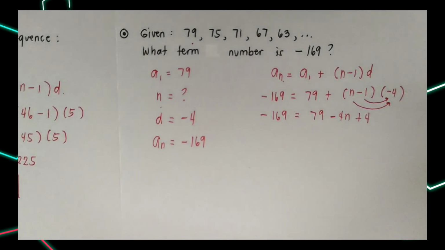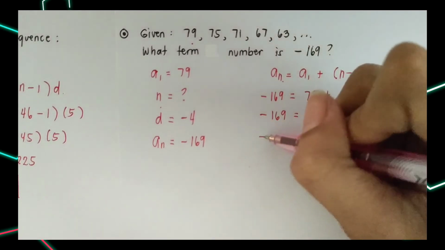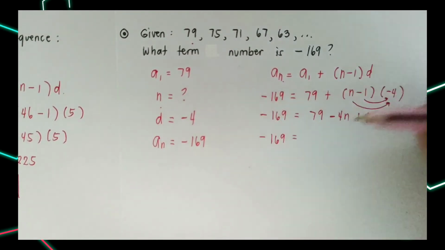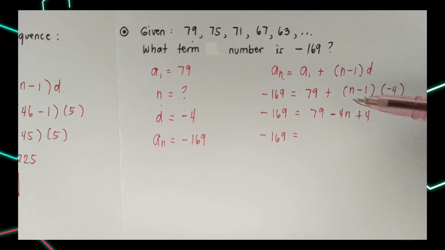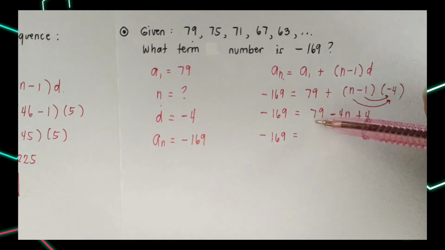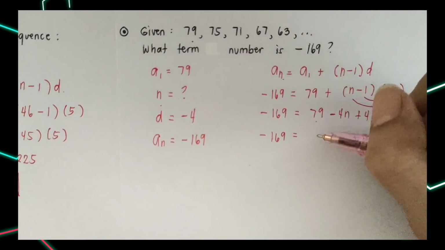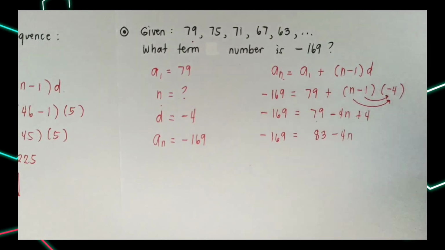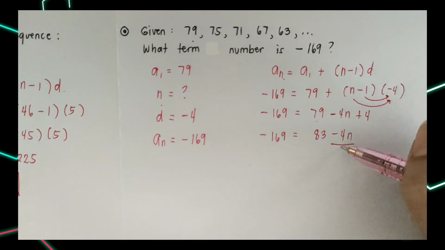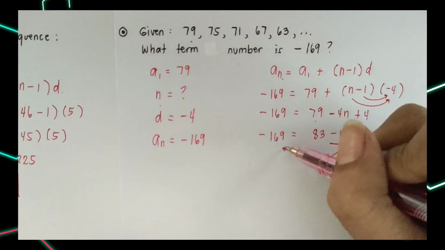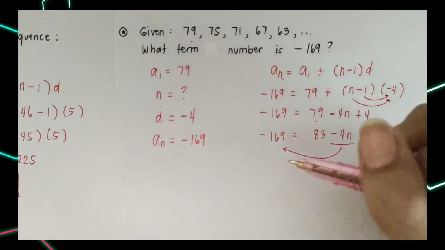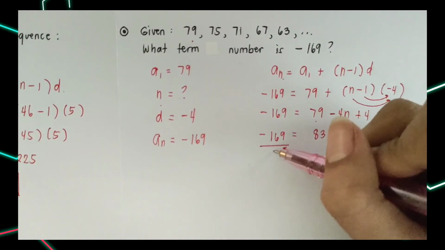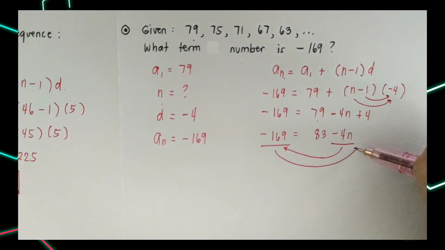Next, simplify. Negative 169 is equal to 79 plus 4, our two constants, is equal to 83, minus 4n. Now, we will transpose negative 4n to the left, and then negative 169 to the right.